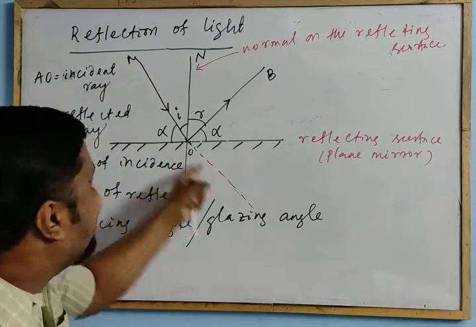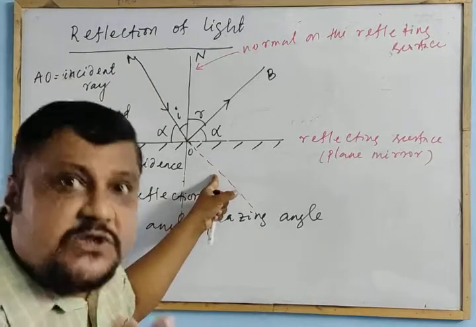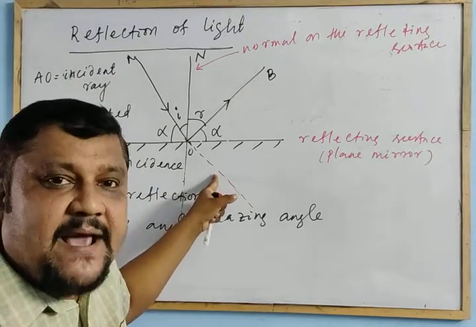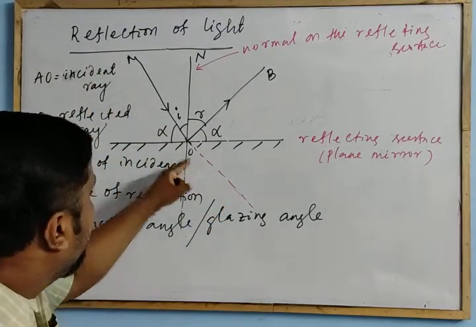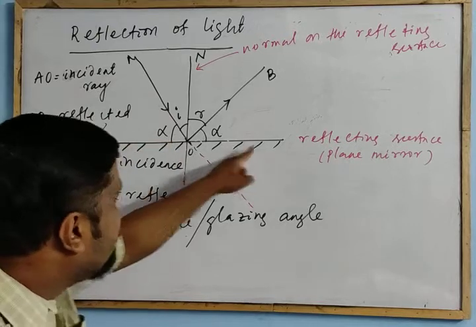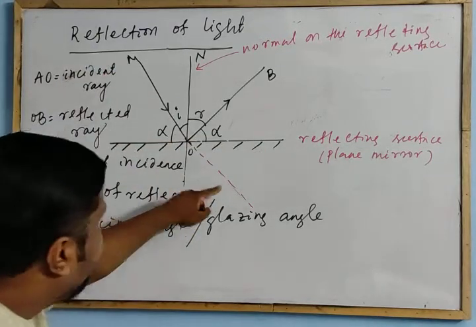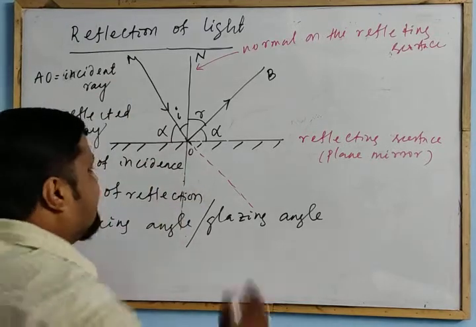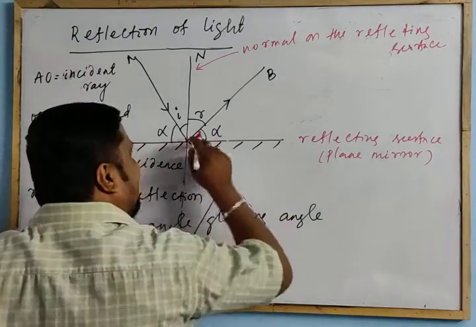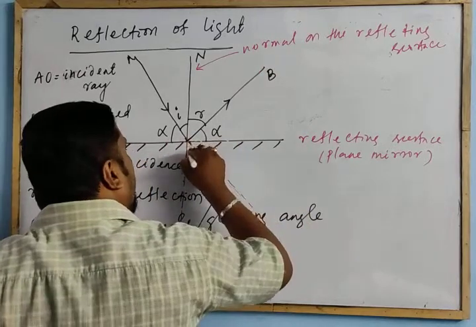This is also called rectilinear propagation of light. But because of this reflecting surface, the ray travels along OB.